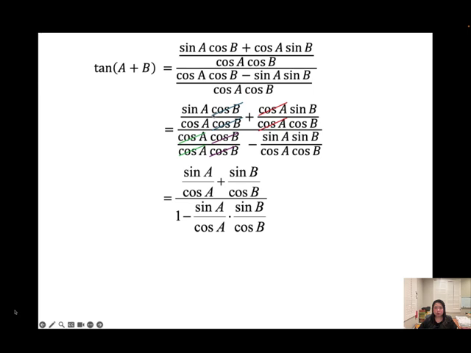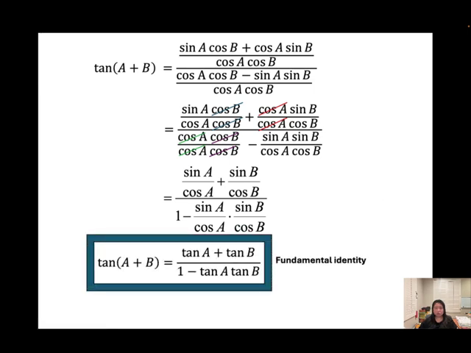So right now I have sine A over cosine A plus sine B over cosine B, over 1 minus the whole thing. And what is sine A over cosine A? That's tangent A, and this is tangent B. So I have tangent A plus tangent B over 1 minus tangent A tangent B. This is my formula.